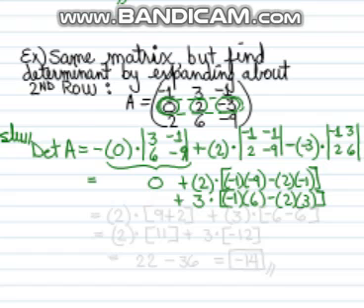Okay, continue to clean this up. We get 2 times bracket. Double negative is positive. Negative times negative is 9. Minus and minus is plus 2. And then plus the 3 times negative 6 minus 6. Great, that's going to be 0.